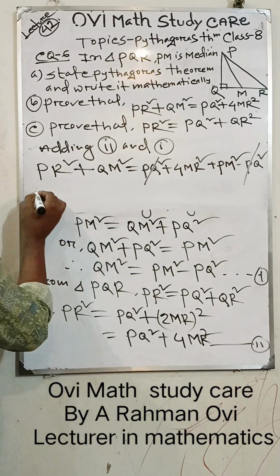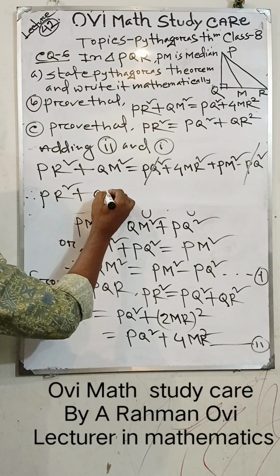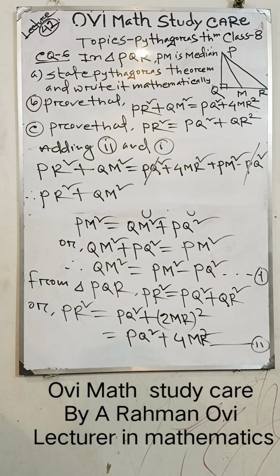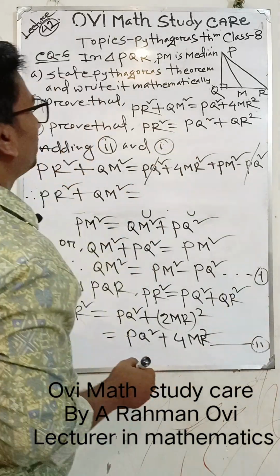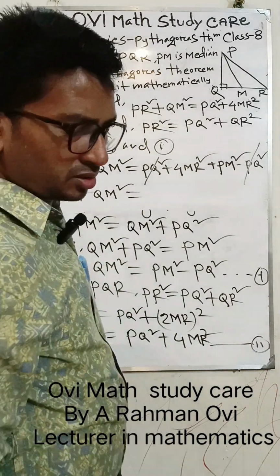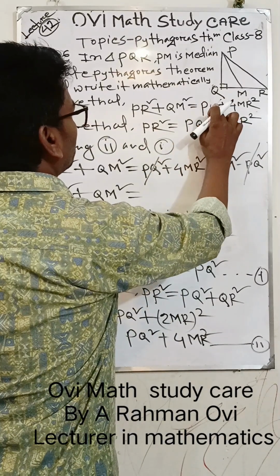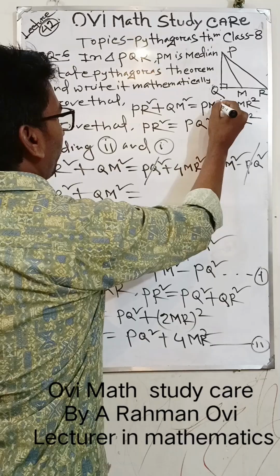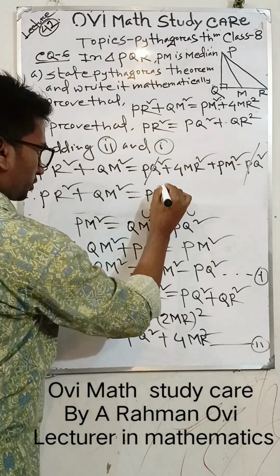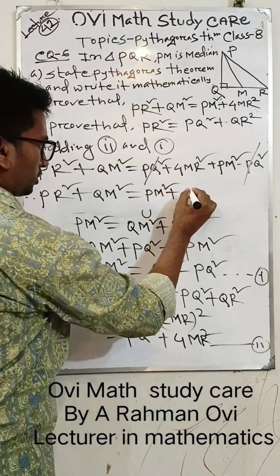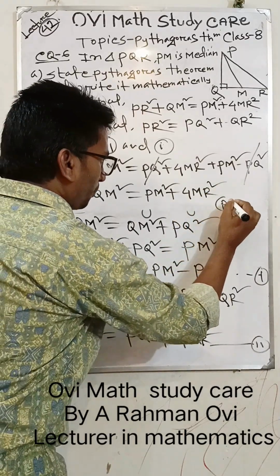So PR square plus QM square equal to PM square, sorry, it will be PM square plus 4MR square. This is the proof.